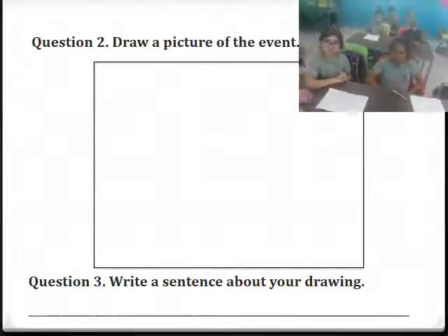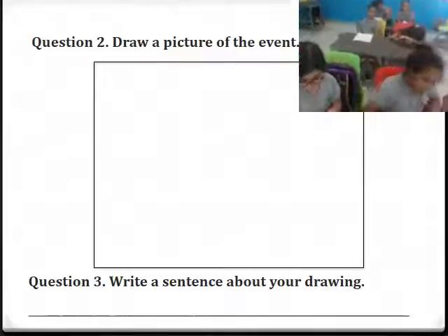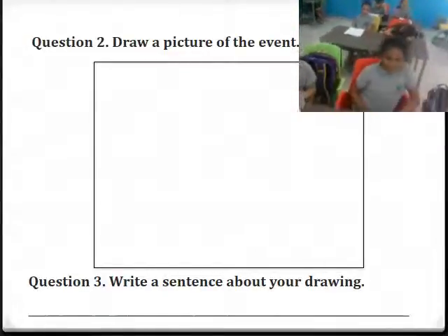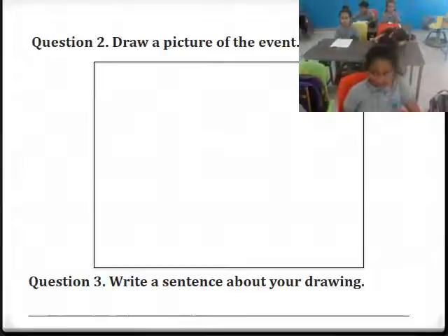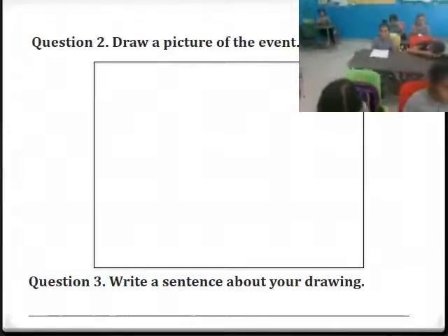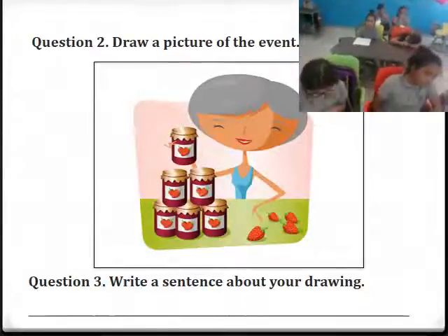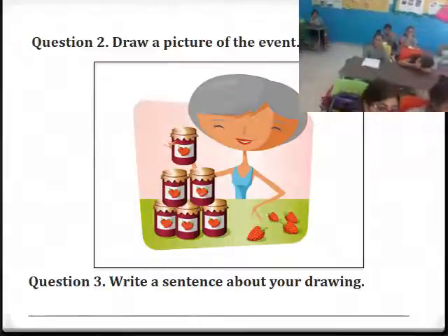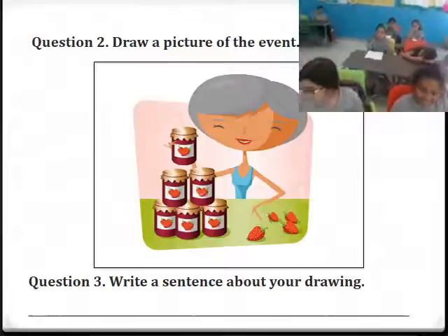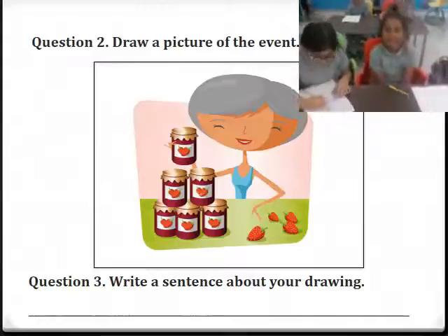Question 2. Draw a picture of the event. So, I will show you an example of a picture to show what kind of thing you can draw. Then we'll see the picture that Celine and Yara prepared. So let's look at the picture. It is grandma preparing the strawberry jam, okay? What sentence can we write about it? My grandma cooked for me.